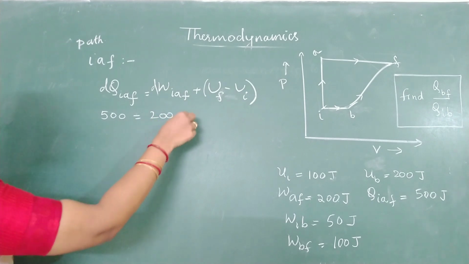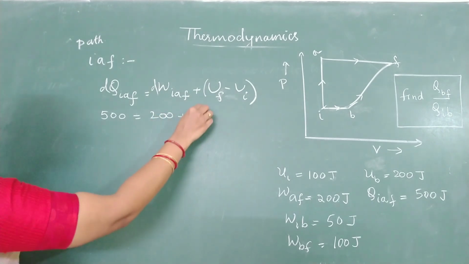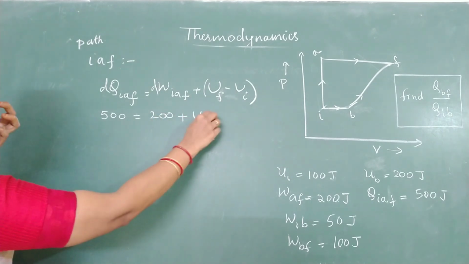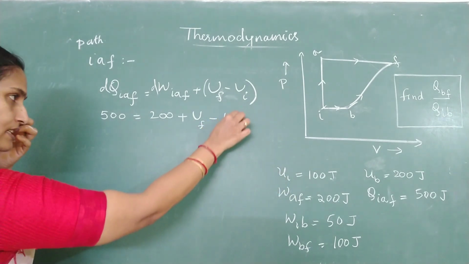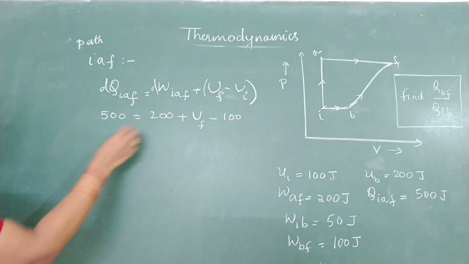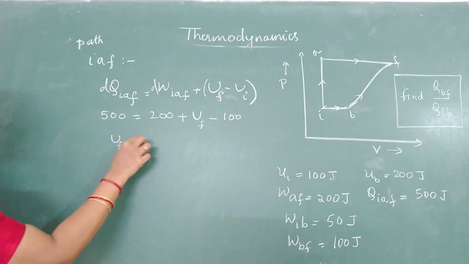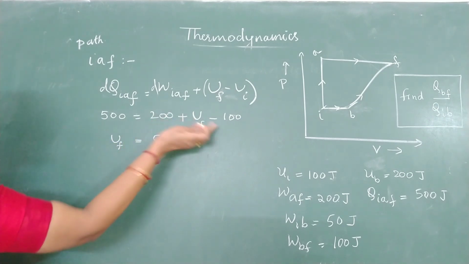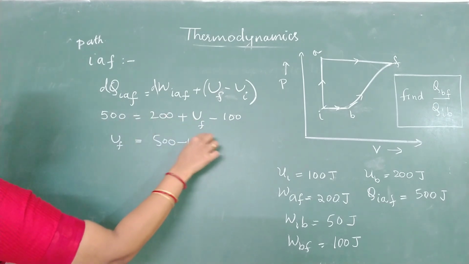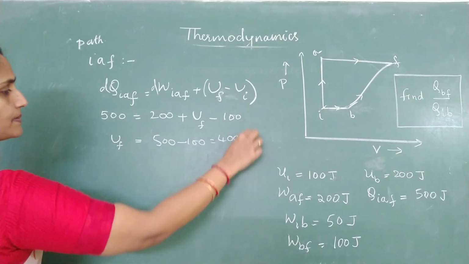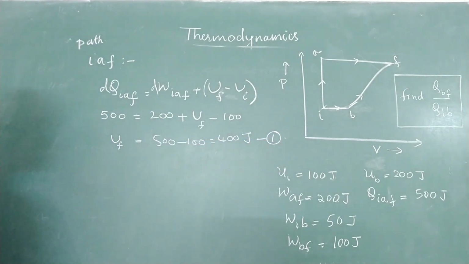It's 200, plus U final. We do not know this final value. Initial value is given as 100. Find out the final energy. U final is equal to 500 minus 100. This is 400 joules. Call this equation 1.